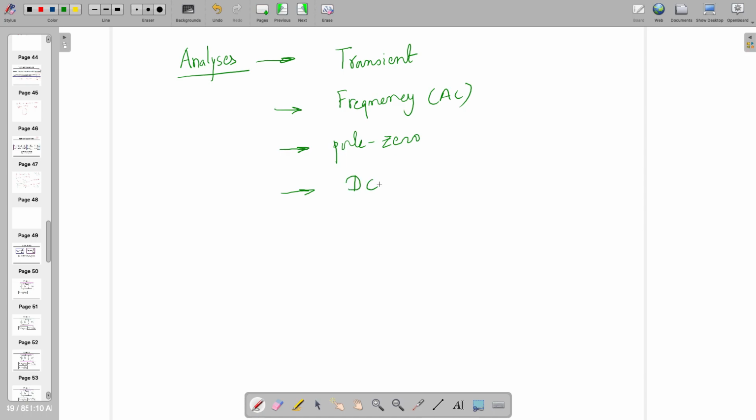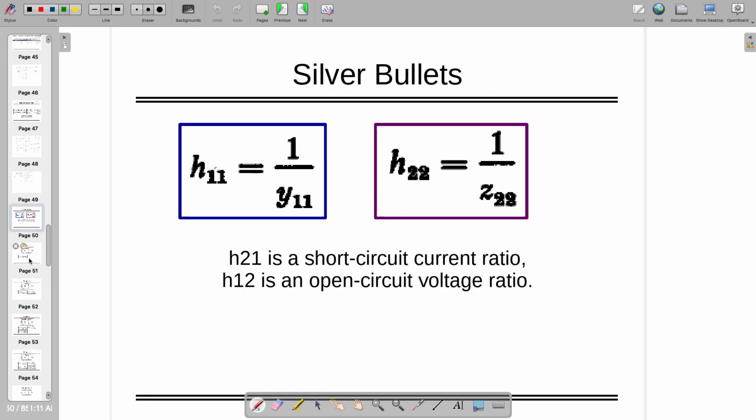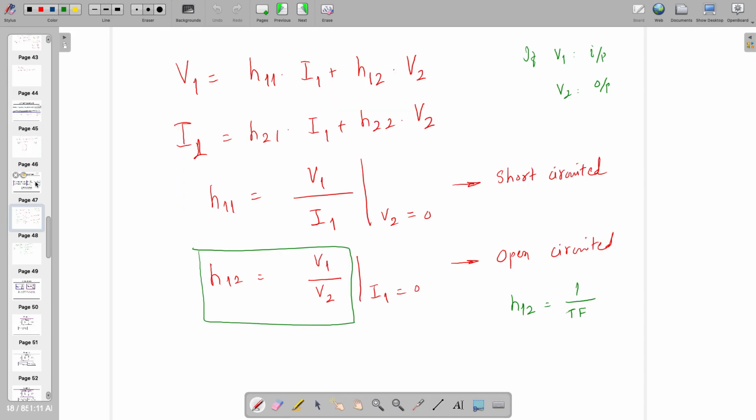Through which I can find out whether my circuit will work as per my requirement or not. To have all these things, I need the transfer function or an equivalent model of my circuit, how the circuit behaves on the basis of the applied current or voltage, and on that basis I can find out all four of them or maybe some more things also. For that we are doing all these things.